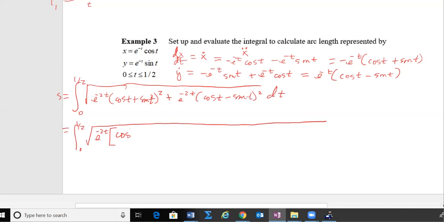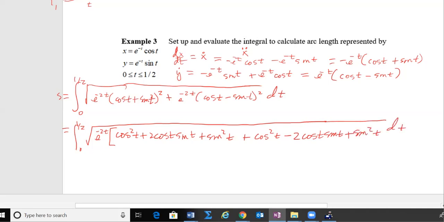So this will be cosine squared t plus 2 cosine t sine t plus sine squared t, plus another cosine squared t minus 2 cosine t sine t plus a sine squared t. And then that is from 0 to a half.